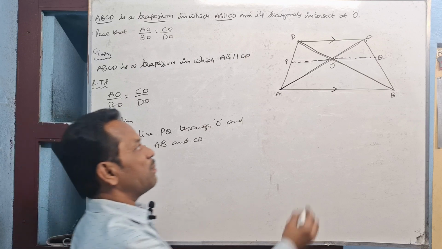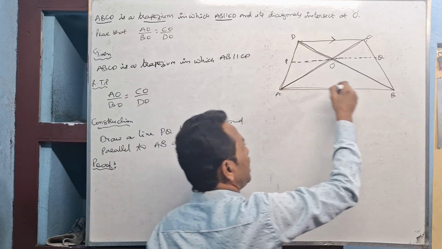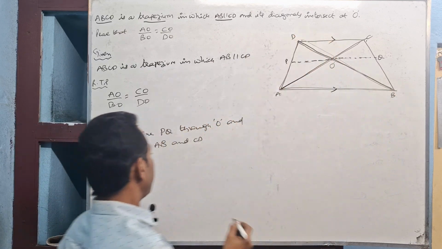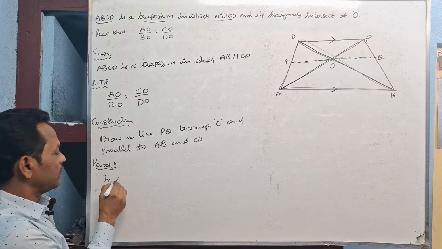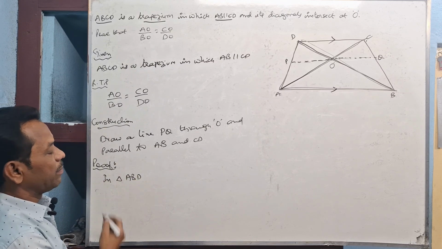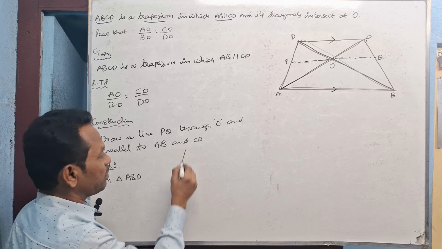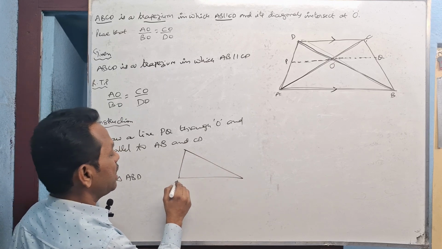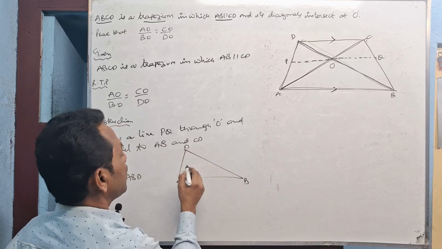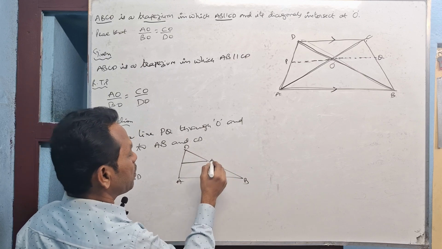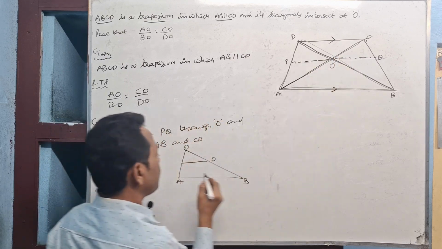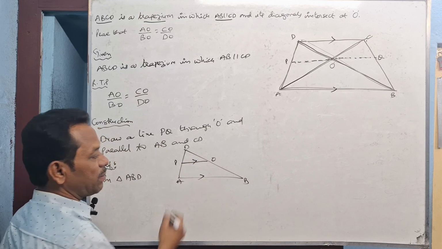In the first step, let me take the triangle ABD. Triangle ABD is something like this: this is A, this is B, this is D, and our PQ, that is OP, is parallel to AB.